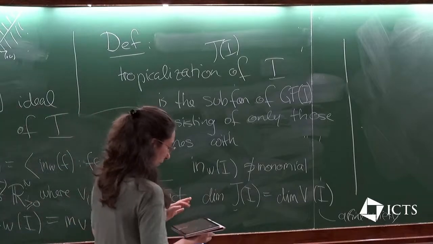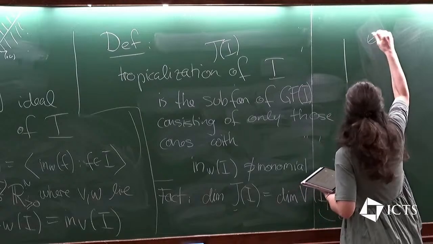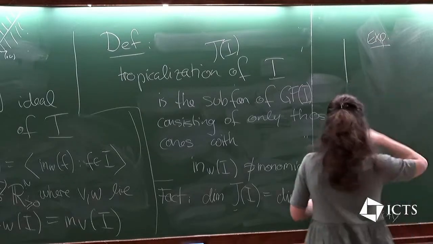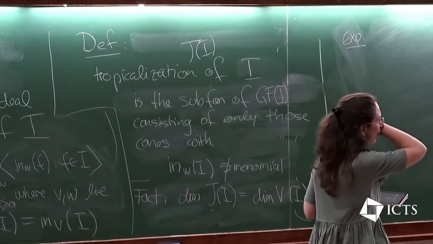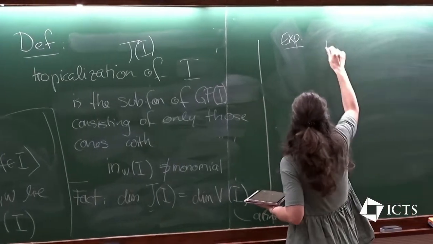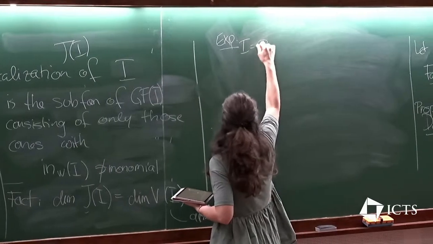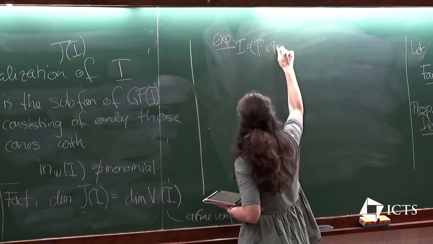Okay, so let's do an example. And we're going to stick with the Grassmannian 2-4. So we have our Plücker ideal generated by this relation.